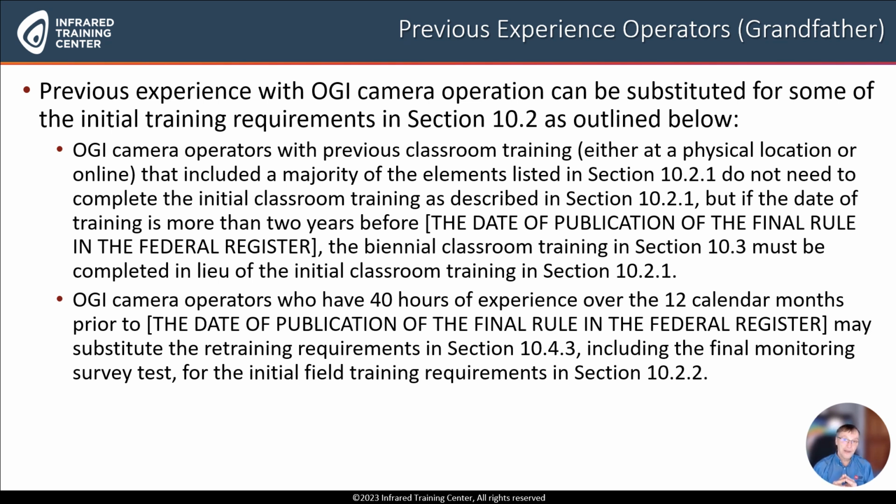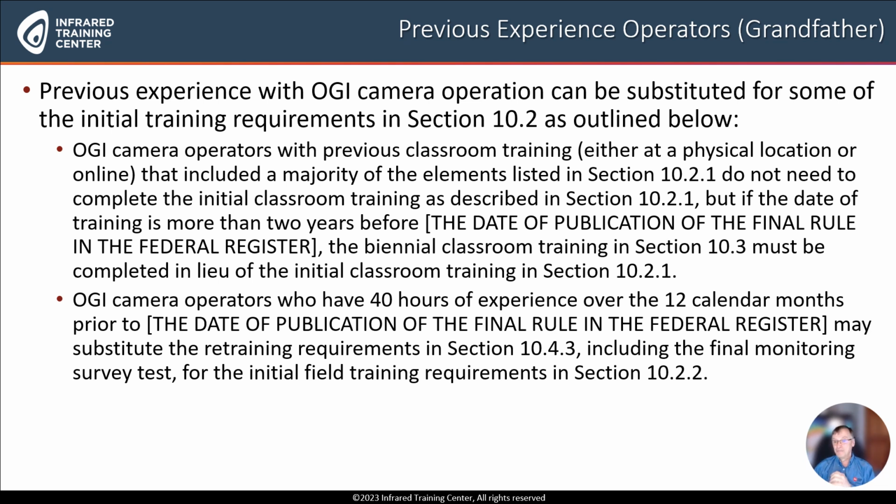Now, there are grandfather operations, previous experience operators. So folks who've been doing this, like myself, for the past 18 years, the OGI camera operators of previous classroom training that included a majority of the elements listed in the section do not need to complete the initial classroom training as described.